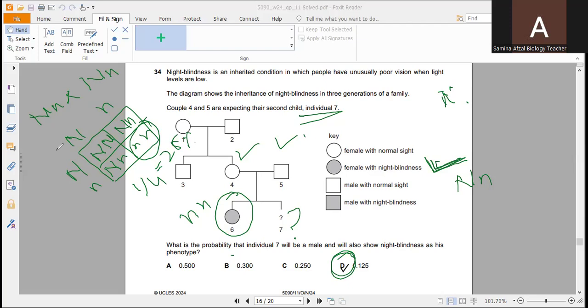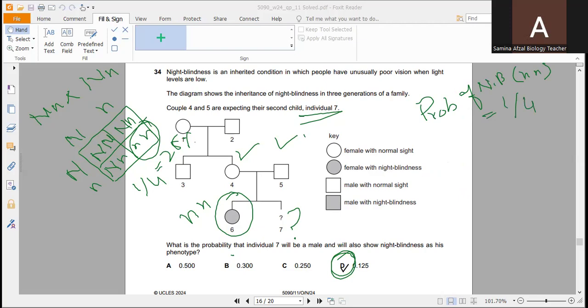Let me write over here how I have found this out. Probability of night blindness, nn, is equal to 1 by 4.